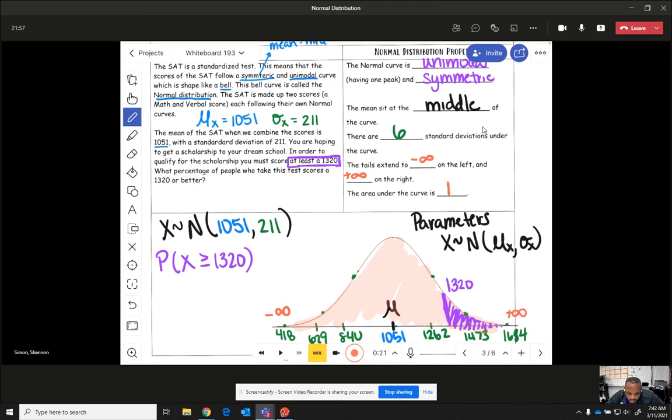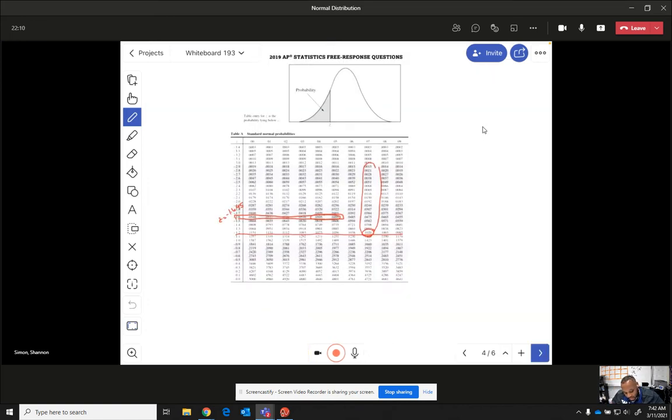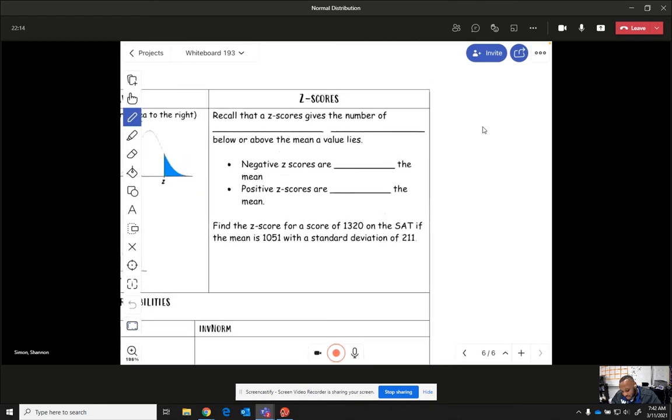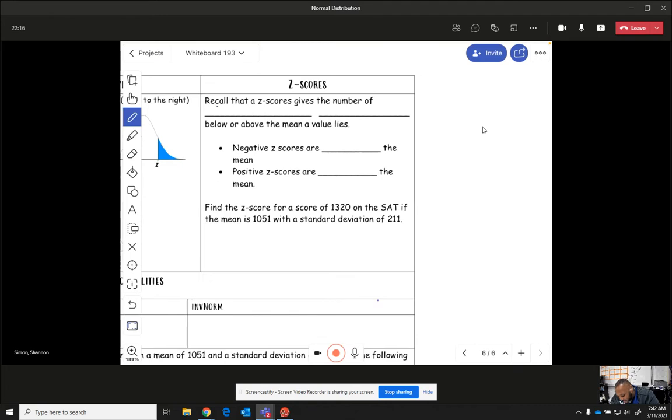One way we know how to do this is using our z-scores. Let's come over here and fill up that part of the notes. These are normal tables. But recall that a z-score gives the number of standard deviations below or above the mean a value lies.